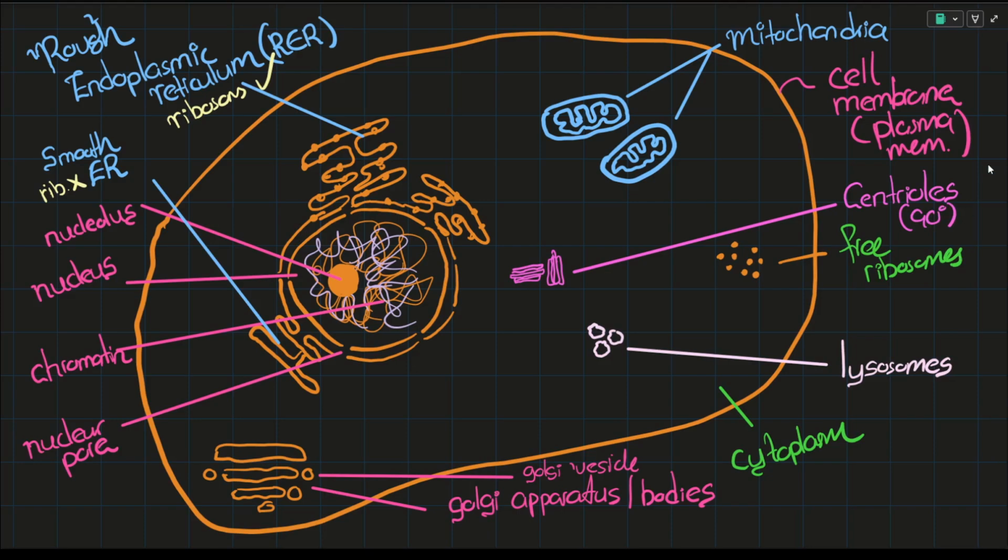Now sometimes the cell membrane can become like this. Now do you see? It's ready to produce this thing. That thing is known as a secretory vesicle.